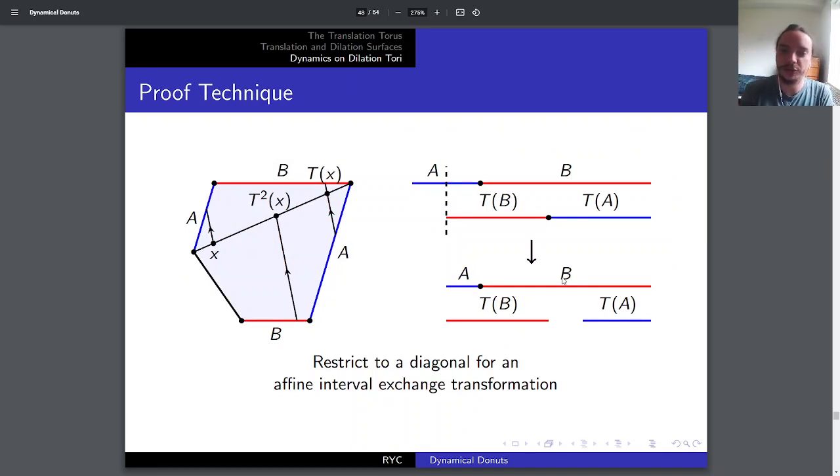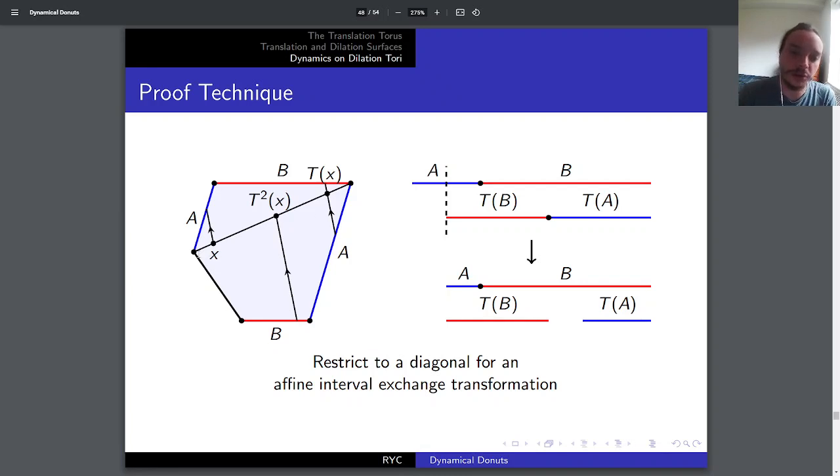So what does the proof for a theorem like this look like? It is going to look very similar to the proof that we did for the irrational flows in the torus. Okay. So we're going to take a diagonal line that cuts across our dilation torus, which is going to be similar to that vertical line that we took on our translation torus.